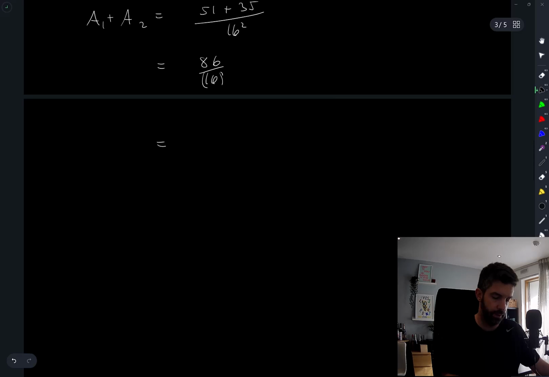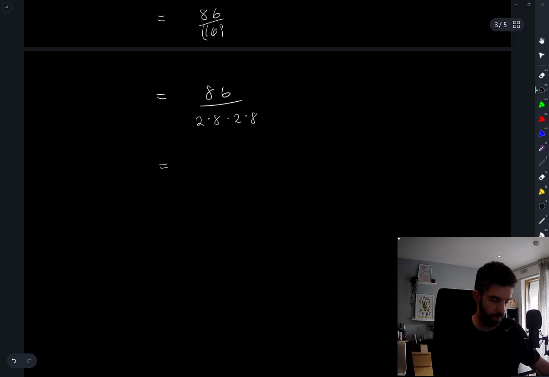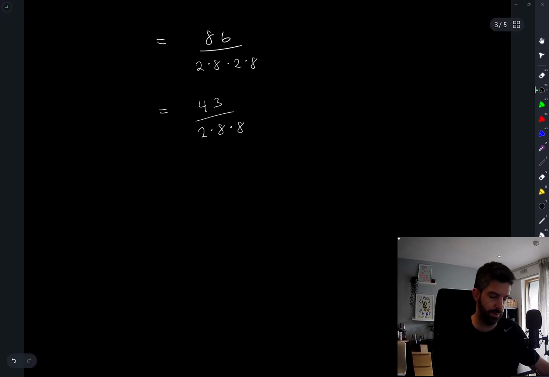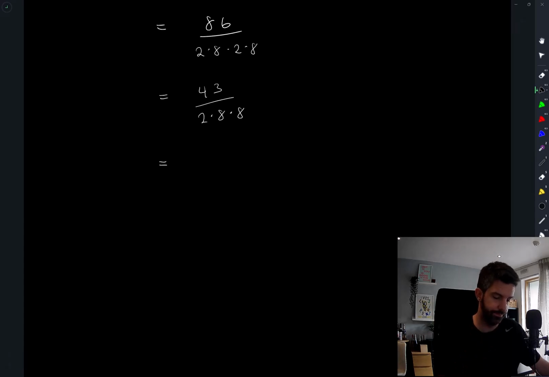Let's write this as 86 over 2 times 8 times 2 times 8. 86 over 2, 43. 43 over 2 times 8 times 8. 43 looks prime. Certainly not divisible by 2. Okay, so 43 over 2 times 64.